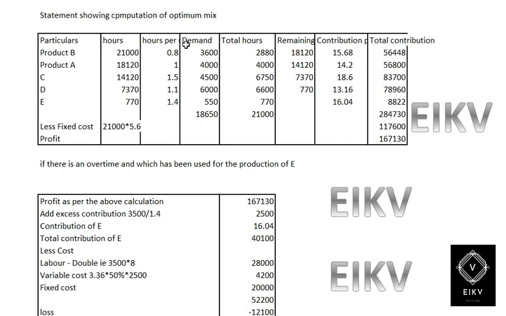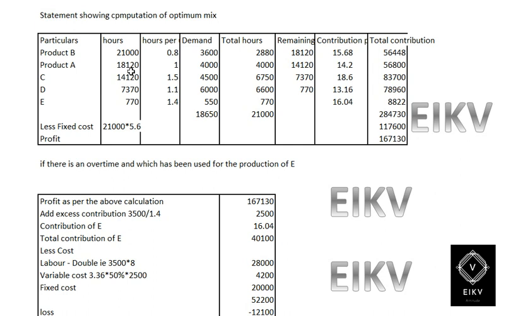For manufacturing product B we need 0.8 hours, and the demand is 3,600 units. So when we multiply 3,600 with 0.8, we get the total hours for manufacturing product B as 2,880. When we subtract this amount from the total hours, we get the remaining hours as 18,120.